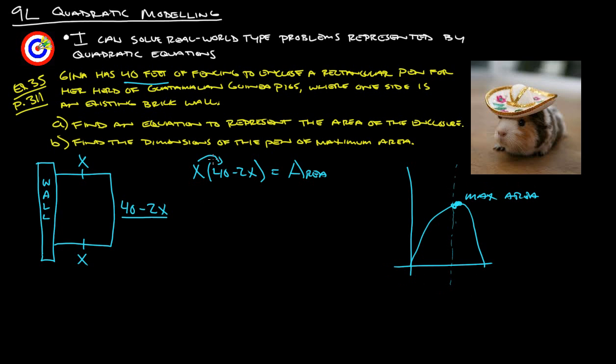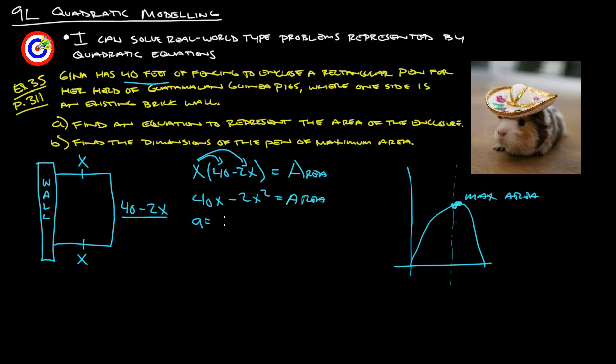So let's distribute this through, and then we're going to try to find this axis of symmetry, which should help us maximize our area. This gives us 40x minus 2x squared is our area.